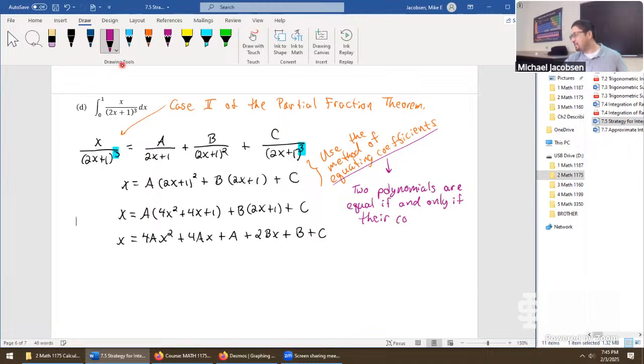I'll stick to this color. So that's the idea of this whole method right here.